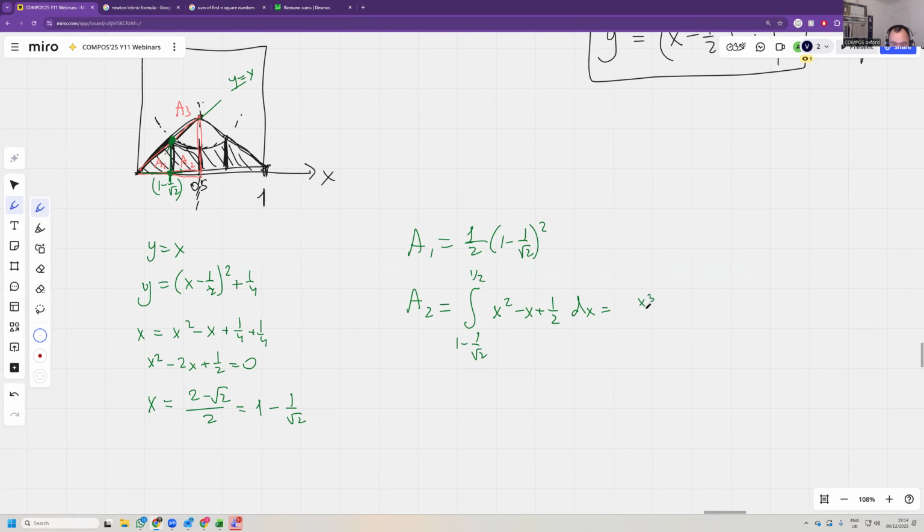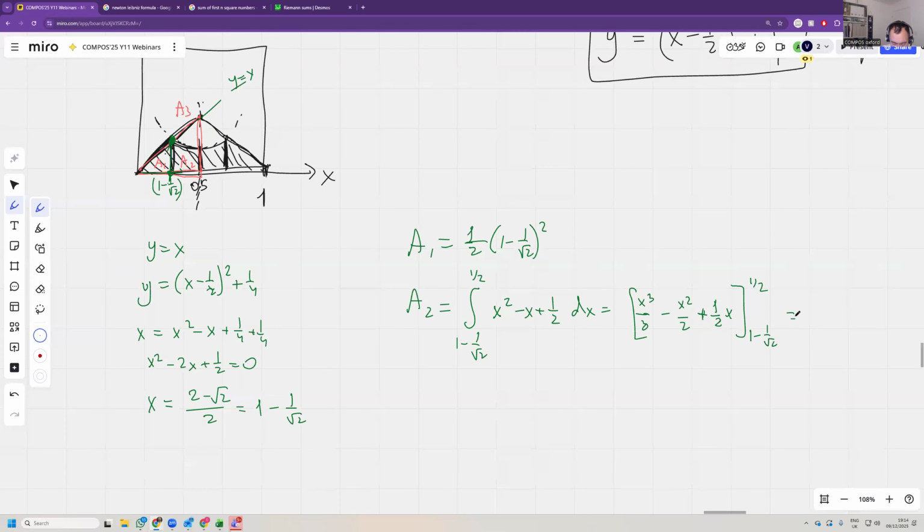It's x cubed over 3 minus x squared over 2 plus 1/2 x. Oh, my computer's getting really hot. Then you substitute 1 minus 1 over root 2 and 1/2. To save time, I'm just going to do it on my calculator. Would it be faster? Yeah, I think so.